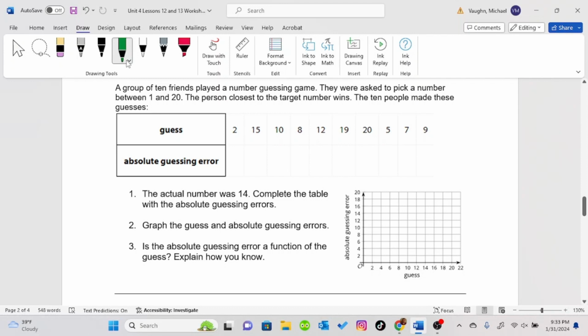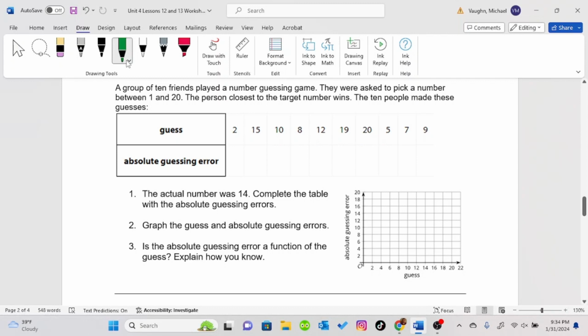Number 1. The actual number was 14. Complete the table with the absolute guessing error. The absolute guessing error is how far away the guess is from the actual number.